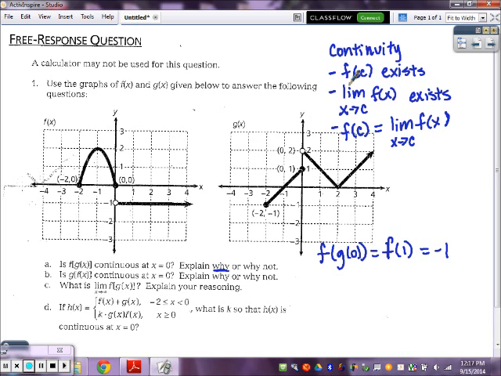So now I have the first requirement fulfilled for continuity. It has an assigned y value. Now let's test the second: that the limit as x approaches the c value, which is 0 here, of f of g of x exists. In order for that to happen, we have to verify that the limit approaches the same y value from the left and from the right in order for the limit itself to exist.